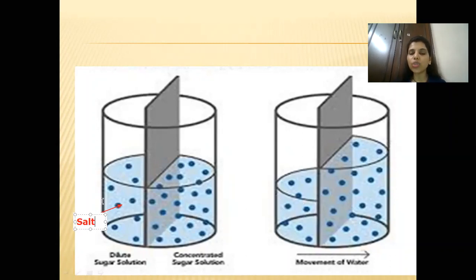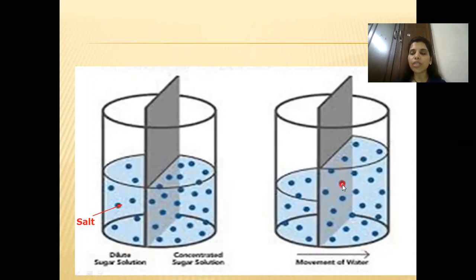The amount of solute present over here is the same amount of solute present over here as well. But the level of water has gone high over here. That means the water from the area where the concentration of solute was less has moved to the area where the concentration of solute was high. That means this is a dilute solution and this is a concentrated solution. So the water from the dilute solution has moved to the concentrated solution.